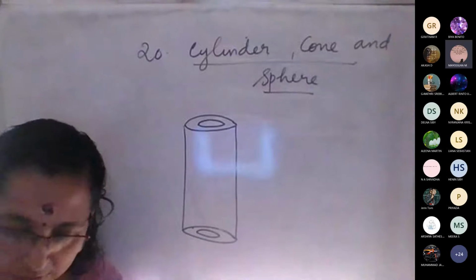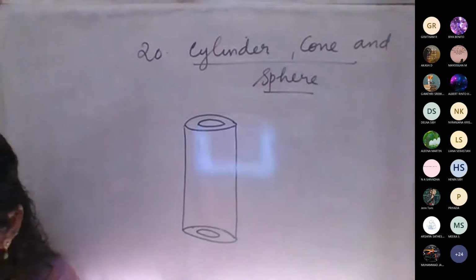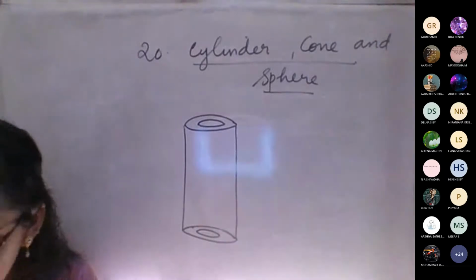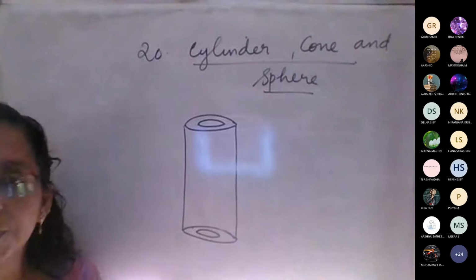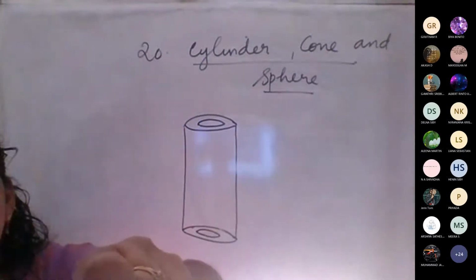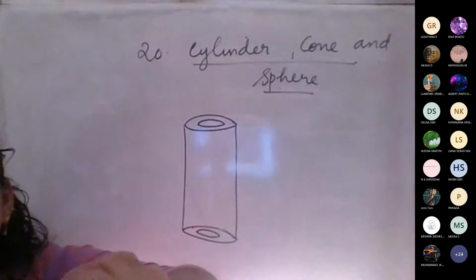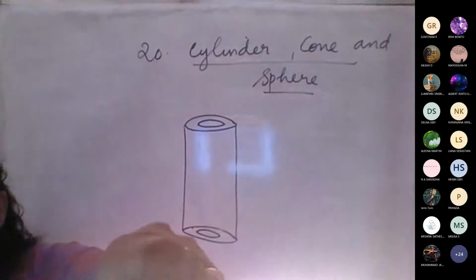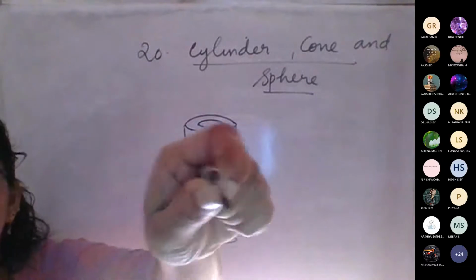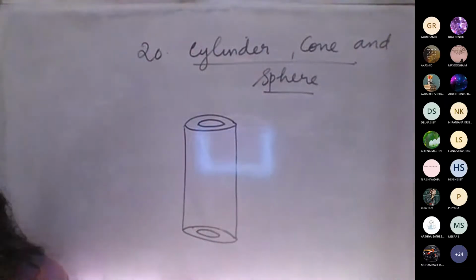Think of a pen and its top. Outside we can rotate our hand this way, and inside also we can do it. Here also we have one circle. So two circles we can form.